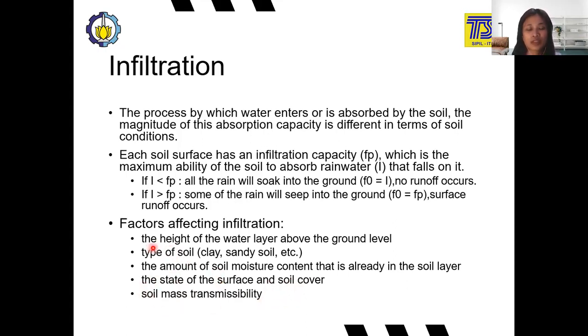It also depends on the type of soil, because transmissibility has numbers, and usually soil which has big pores will have bigger transmissibility than soil which has small pores, such as sand or clay soil. Those will have less transmissibility than soil which has very big pores.